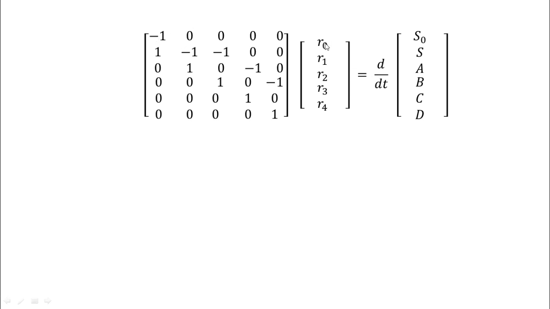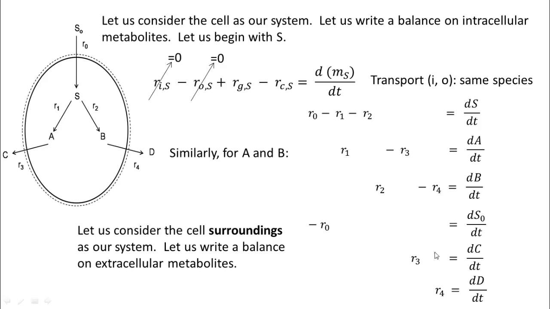This term into this term, plus this term into this term, plus this term into this term, plus this term into this term, plus this term into this term equals this term. So minus R0, the other terms are all 0 for the first term. Minus R0 is d/dt of S0, which is what this one says. Minus R0 is d/dt of S0.